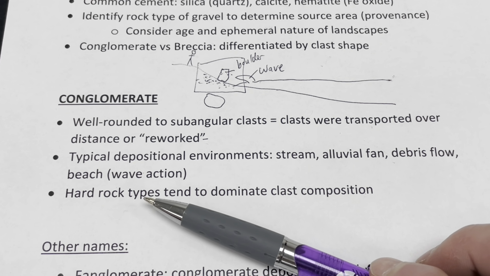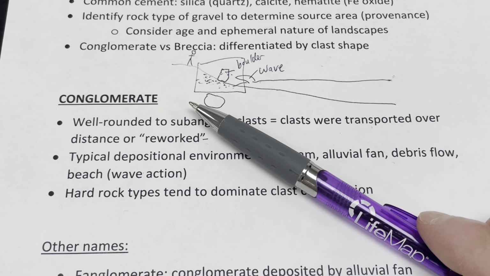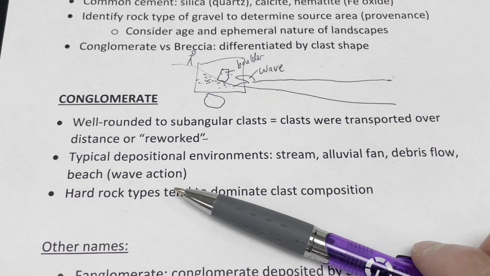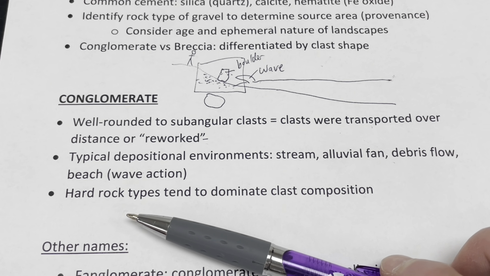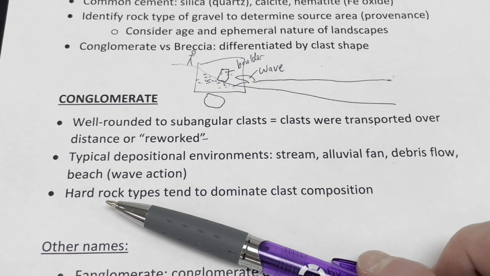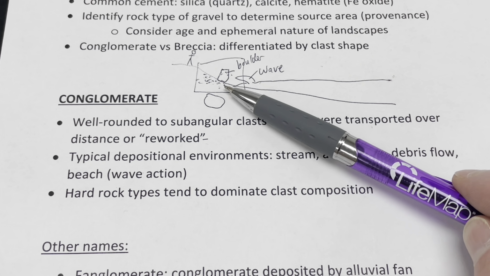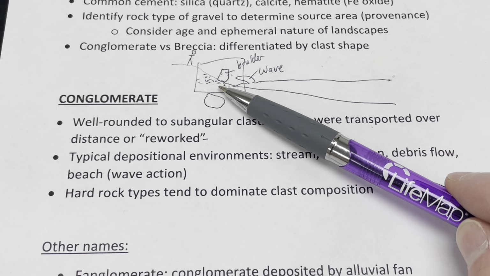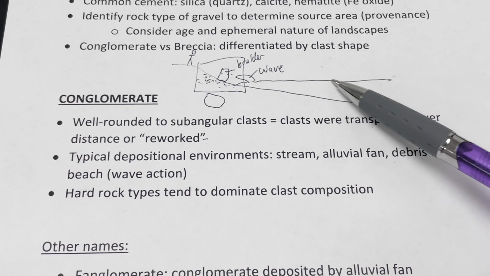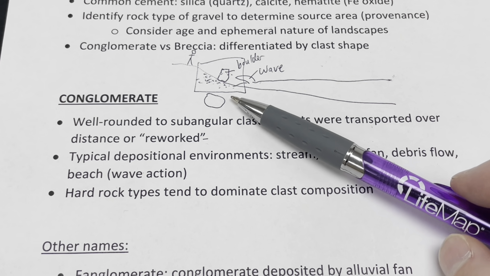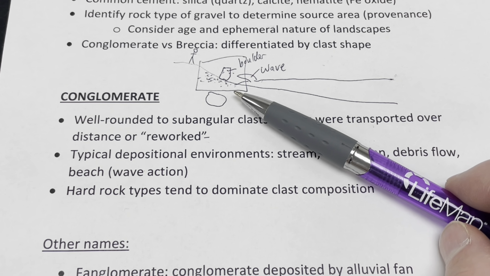And then remember that with conglomerates, and in the breccias too as well, that the clast or the gravel particles we see are going to tend to be favored by the hard rock type. So the harder the material, if you think about these particles being banged into each other, whether it's a beach environment or a stream or an alluvial fan, that's going to tend to break down and bust up the softer, weaker rocks, breaking them up into smaller and smaller particles.